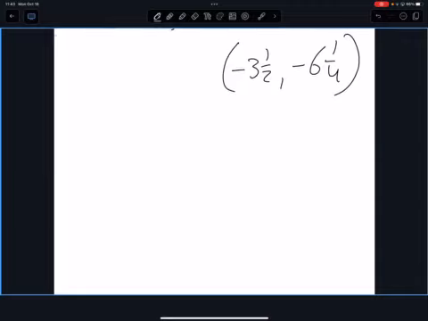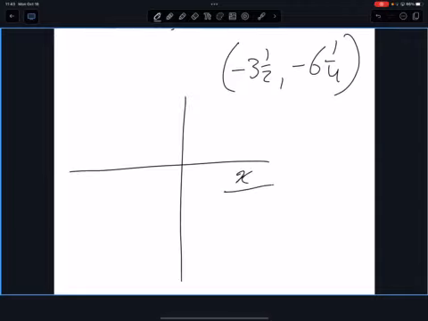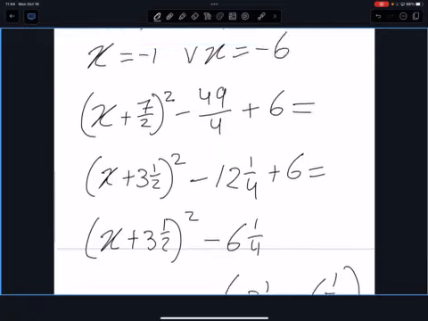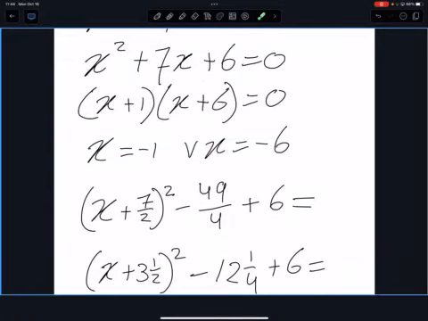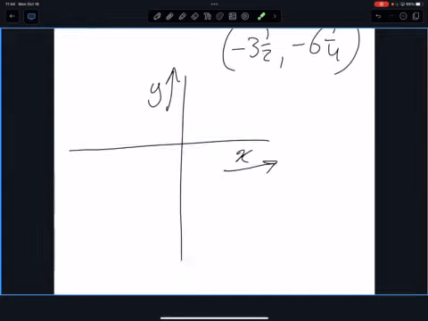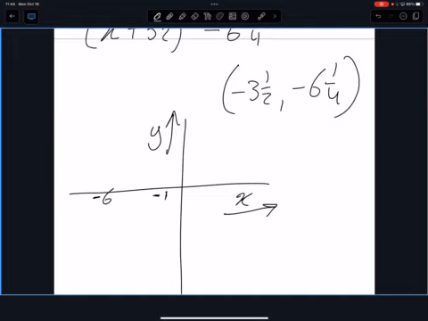So when they say sketch, you only need 3 points. What do you need? The values minus 1 and minus 6. So where is it? Minus 1 is here, minus 6 is here. The minimum value is where? Minus 3.5, which is somewhere here.